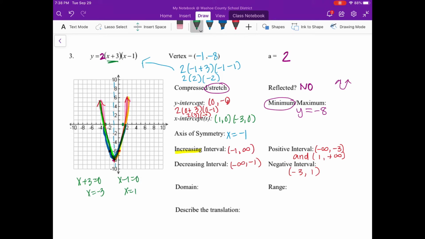Okay, the last part of this is domain. So -infinity to positive infinity is always the answer for quadratics. The range, this one does have a minimum at -8, and then it does go up forever to positive infinity. And lastly, the translation I'm going to describe as, this graph is stretched by a factor of 2.